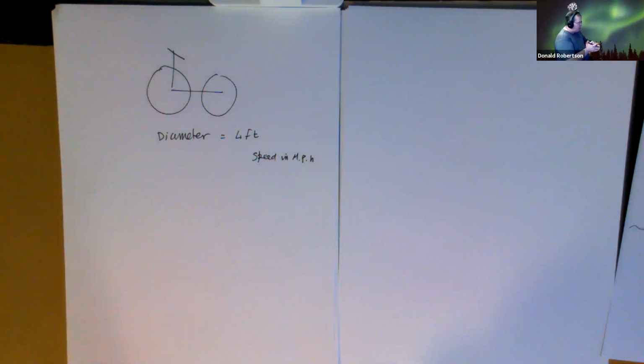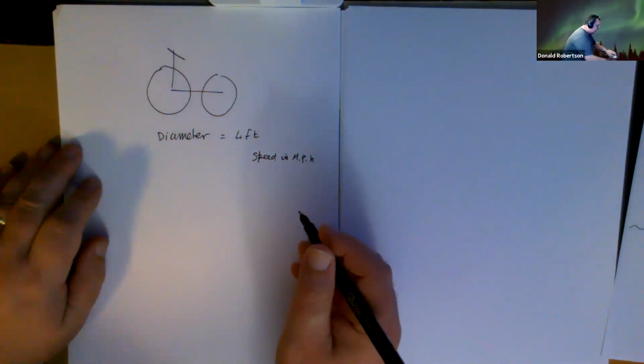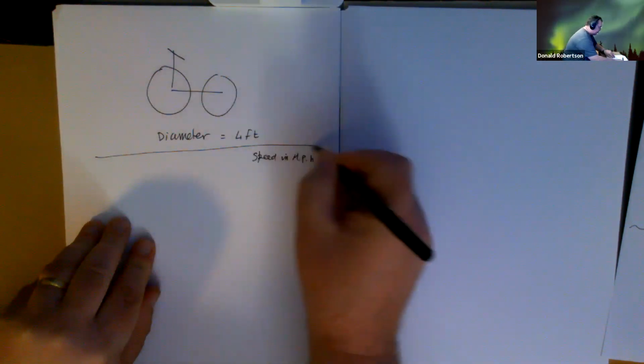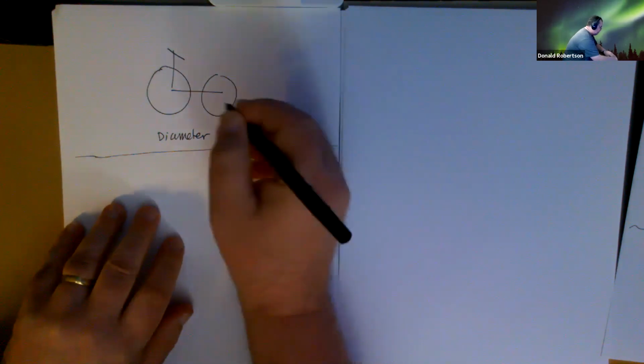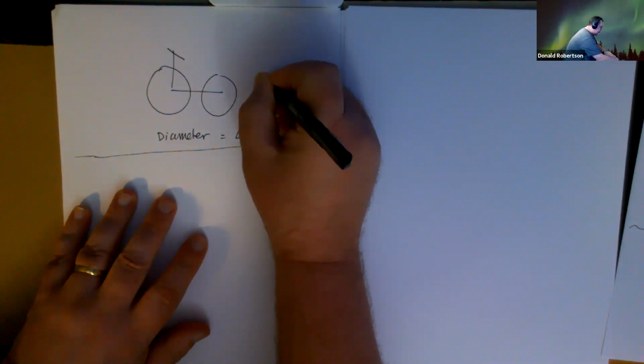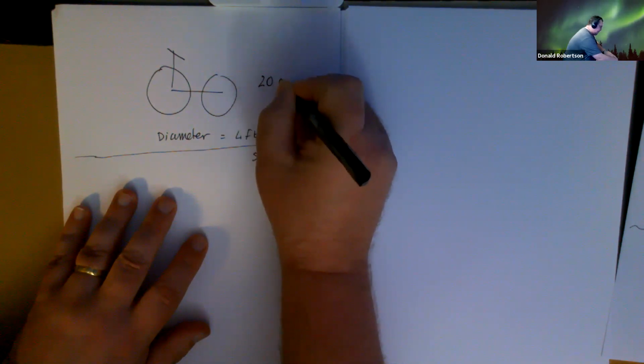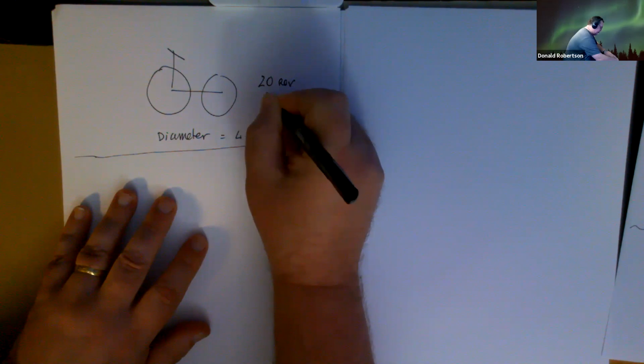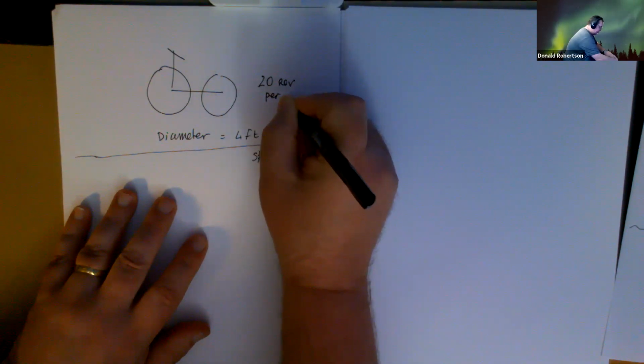So what I've got to figure out here is what else they would tell you. Well, not only would they tell me the diameter, they would tell you that this person can cycle with 20 revolutions per minute.